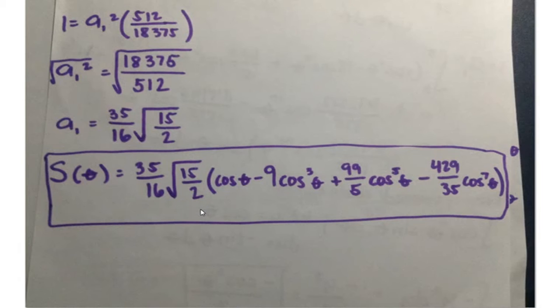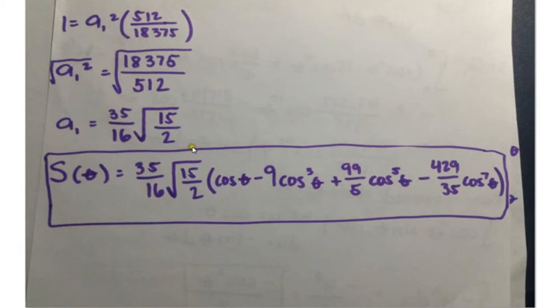So to remove it, we multiply by square root of 2 over square root of 2, and it got the value of 35 times square root of 30 over 32.